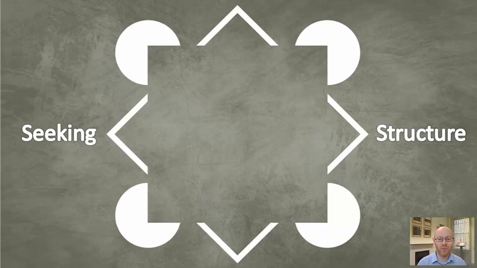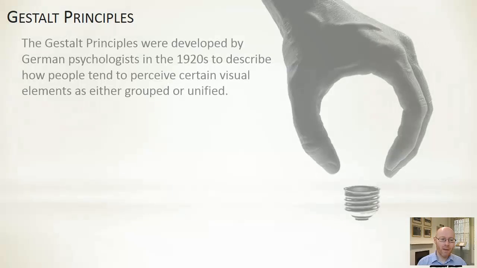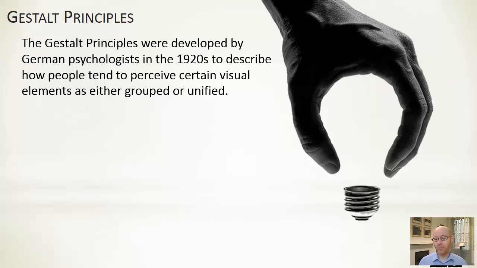We just happen to be inclined to see it, to see the edges, or imagine that we're seeing the edges of it. And all of this ties into how we observe and perceive structure within different visual scenes.